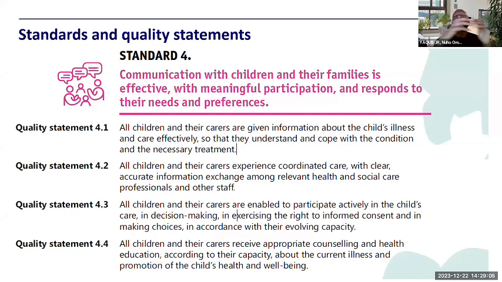And then children are able to give consent, whether it's to accept care or actually to refuse care, particularly older children and adolescents, or to decide what type of care they want. And then they also receive appropriate counseling about their health condition and their current illness. So this is more moving from provision of care to also saying, how do we involve children in their care?